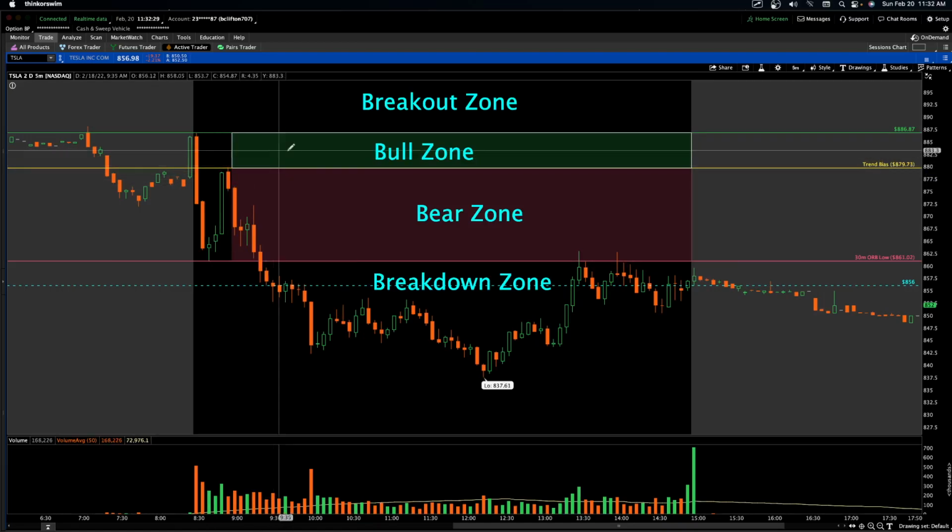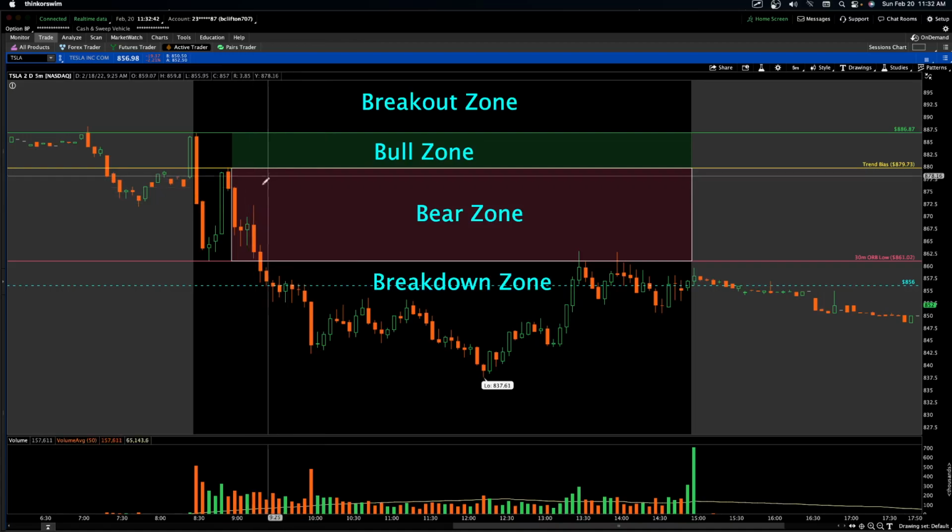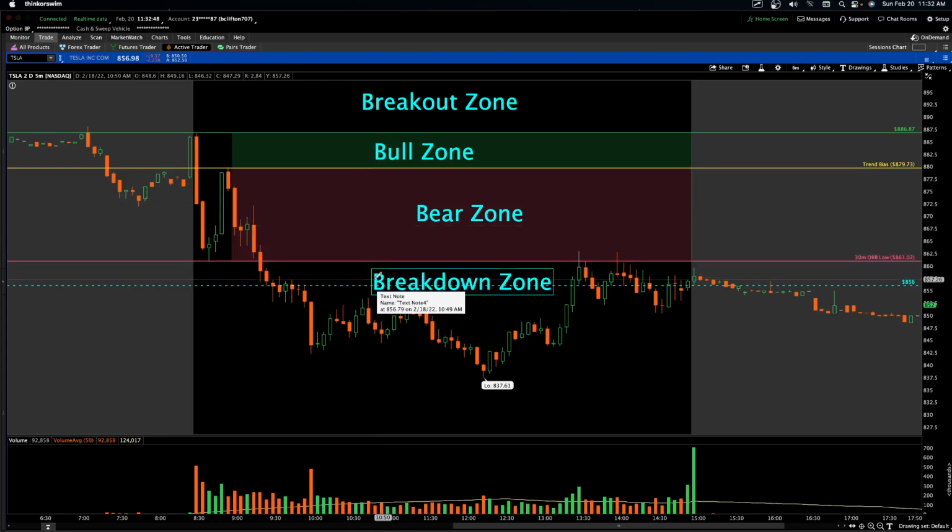Once we get above that 30-minute opening range breakout, or opening range high, then we're in the breakout zone. If we're trading below the first 5-minute trend bias, then we're in the bear zone. And once we break below that, then we're in the breakdown zone. Hope that makes sense.